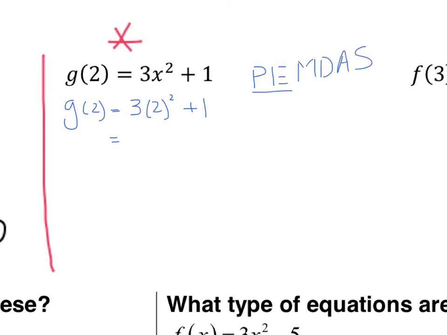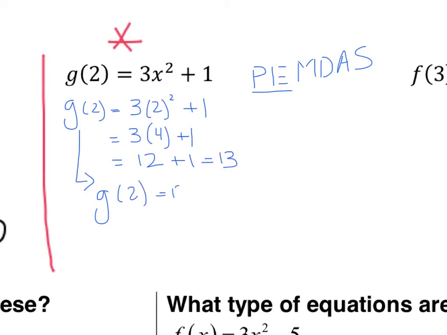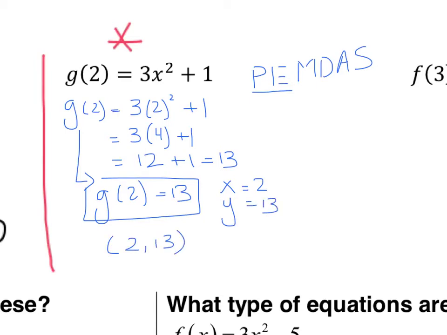So you have to do 2 squared, which is a 4. And then 3 times 4 is a 12 plus 1 would be a 13. And that tells you that g of 2 is equal to 13. It means when x is equal to 2, y is equal to 13. Or you can write it as (2, 13).